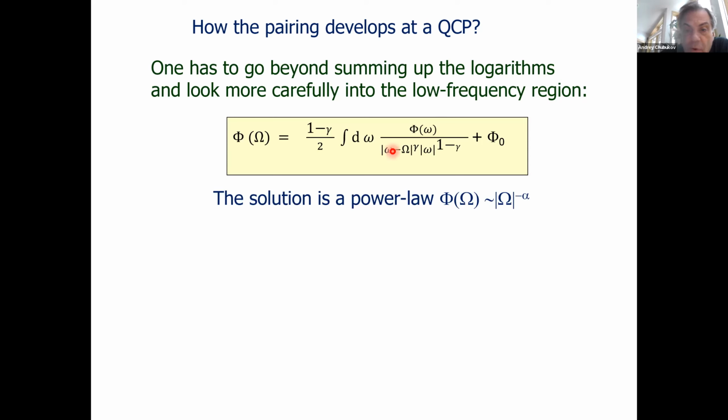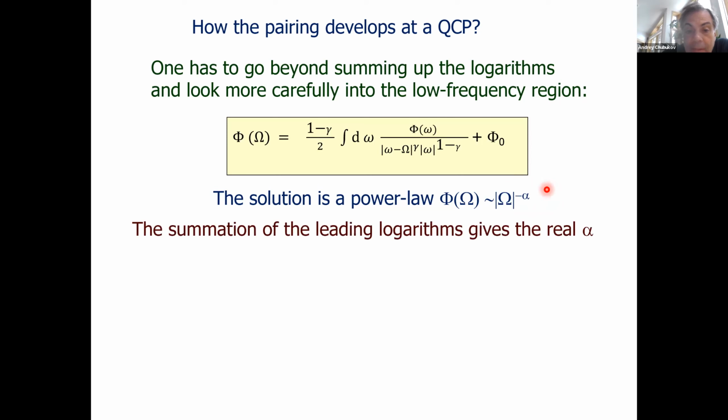Because the marginal form of this kernel means that if you put in some power, you get back the same power. And then when you do it, you find equations that you need to solve for the exponent alpha. And summation of logarithms is consistent with real alpha. So yes, you sum logarithms, you get an anomalous dimension, which means a real value of alpha. So you do something very simple. You substitute, you calculate the integral, which results in some set of gamma functions, and you find what this exponent is.